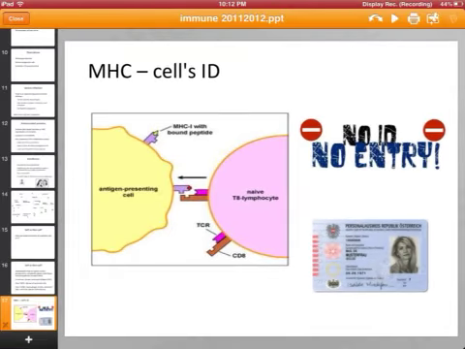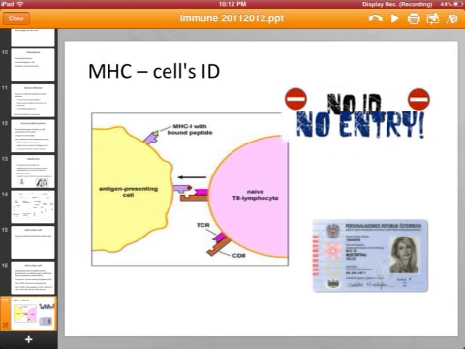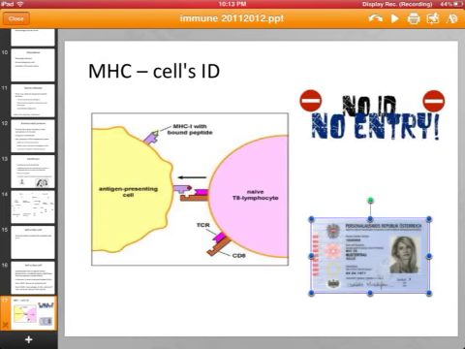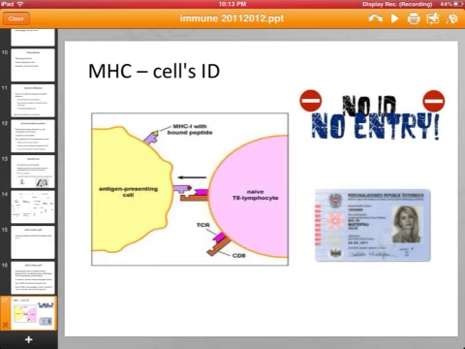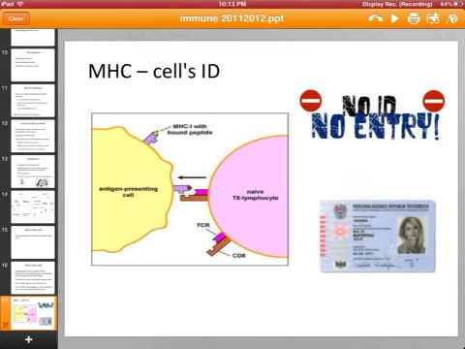So, let's say, di ba, sa school, sabi natin, no ID, no entry. So, ang bawat cell dapat possess an ID. So, ano yung ID nila? Ang ID nila yung MHC proteins nila. Pero medyo parang kabaligtaran sa cells natin. If there is no ID, actually, pathogens can enter, kasi hindi sila makikilala ng mga leukocytes natin, ng mga lymphocytes natin.